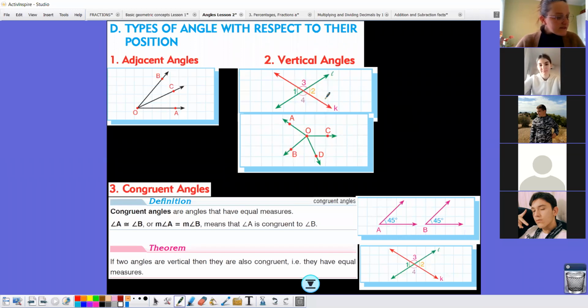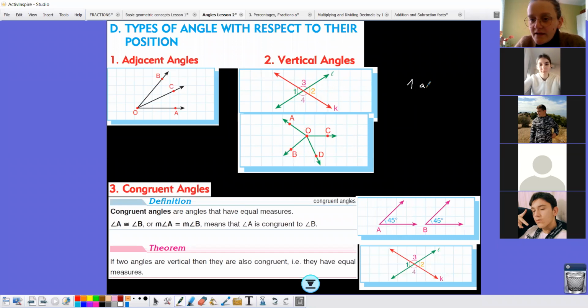I am trying to find the exact definition of vertical. Vertical angles are two non-adjacent angles formed by intersecting lines. So they are not adjacent. The others are called adjacent.